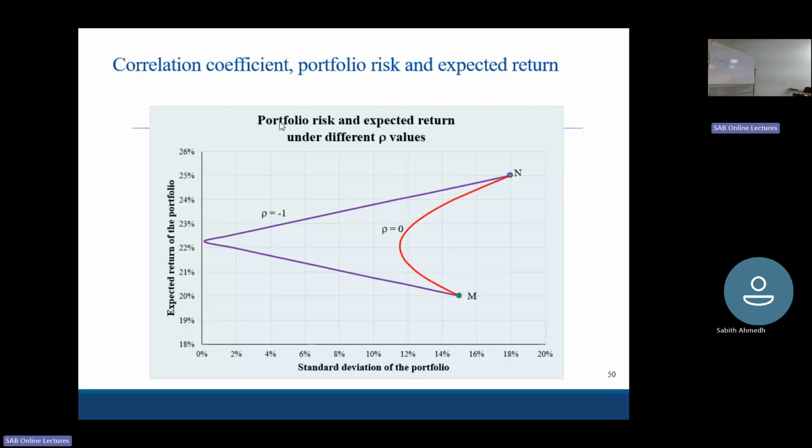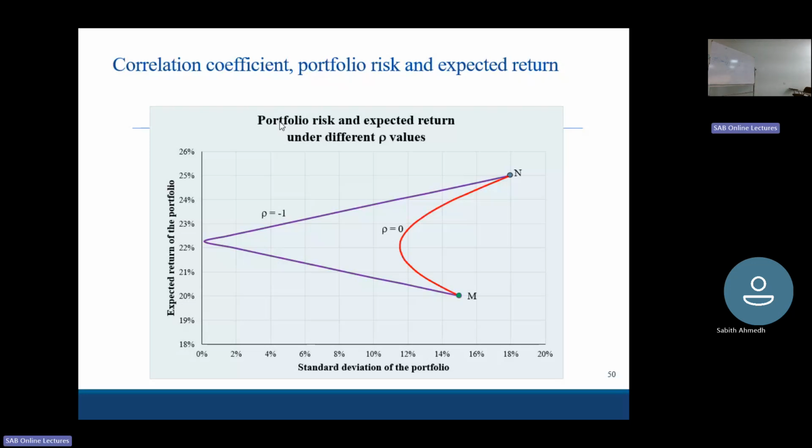Look at the individual stock risks, M risk and N risk. We can reduce the risk down to about here, but when the correlation coefficient is 0, this line never approaches here. But moderate level diversification is possible even when the correlation coefficient is 0. There is a chance to diversify the risk to a moderate level.